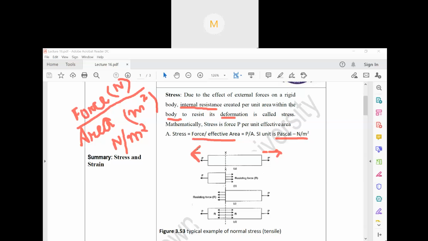At a certain section, suppose XX, there will be one force acting on this side and the other acting on this side. So there will be two forces acting on two different sides.